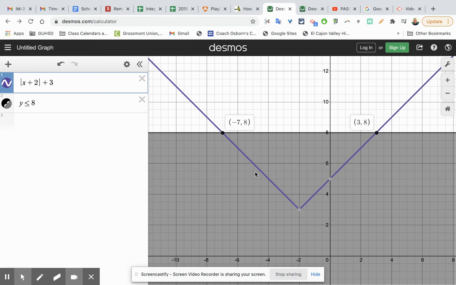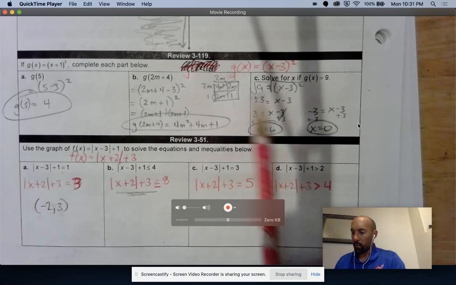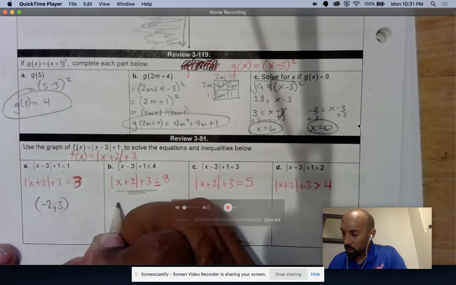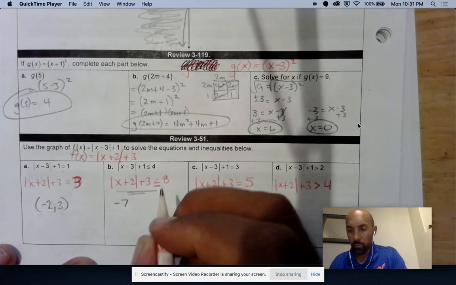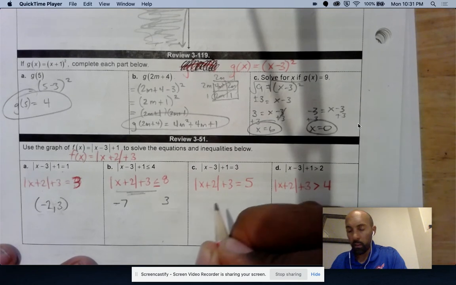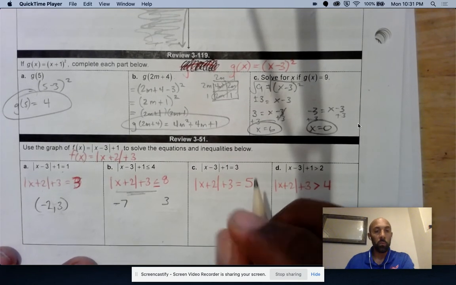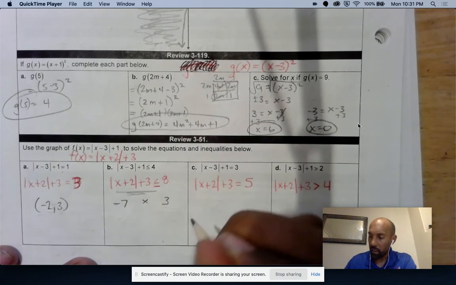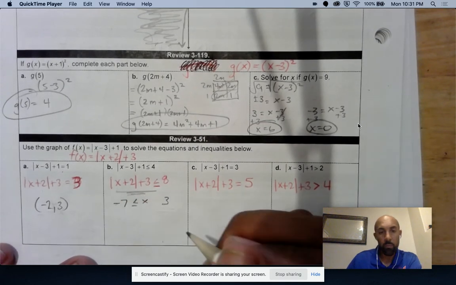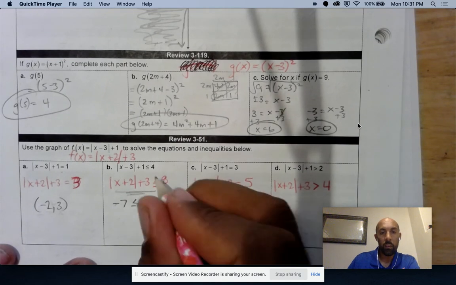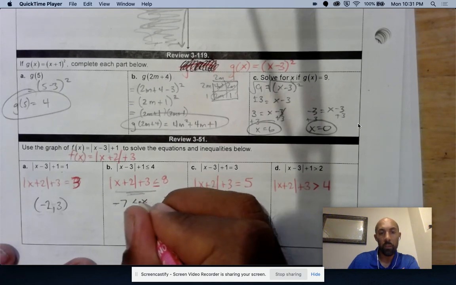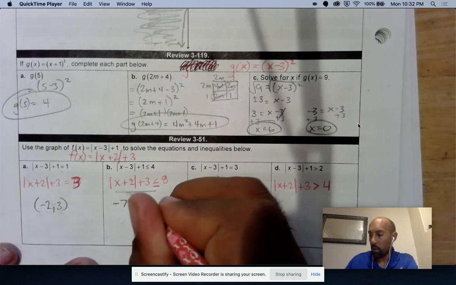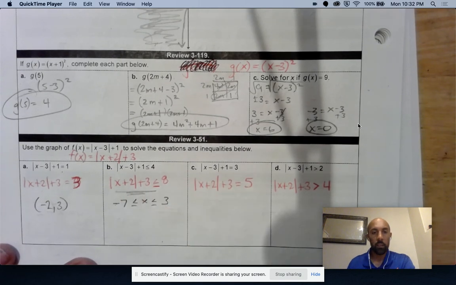So it's less than 8, starting at negative 7 and ending at 3.